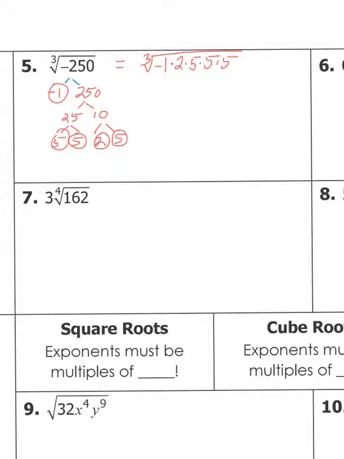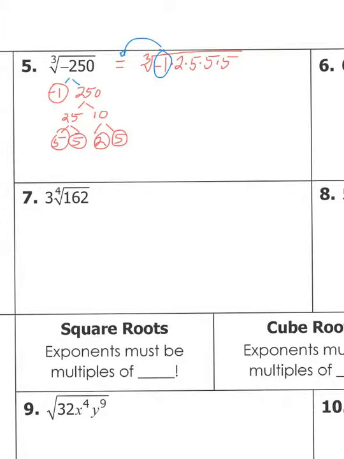So I'm going to actually take out this negative 1 out in front, because if you ignore all this, the cube root of negative 1 is negative 1. I could have written the negative 1 3 times because of that index, but I just didn't feel like it. So negative 1 times negative 1 times negative 1 is negative 1. So it is a perfect cube. So that's why I am taking it out in front.